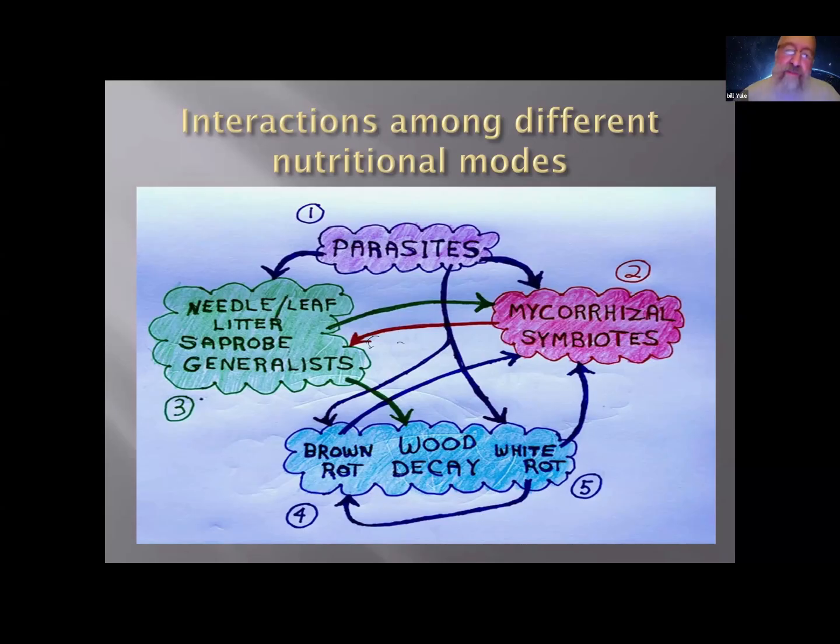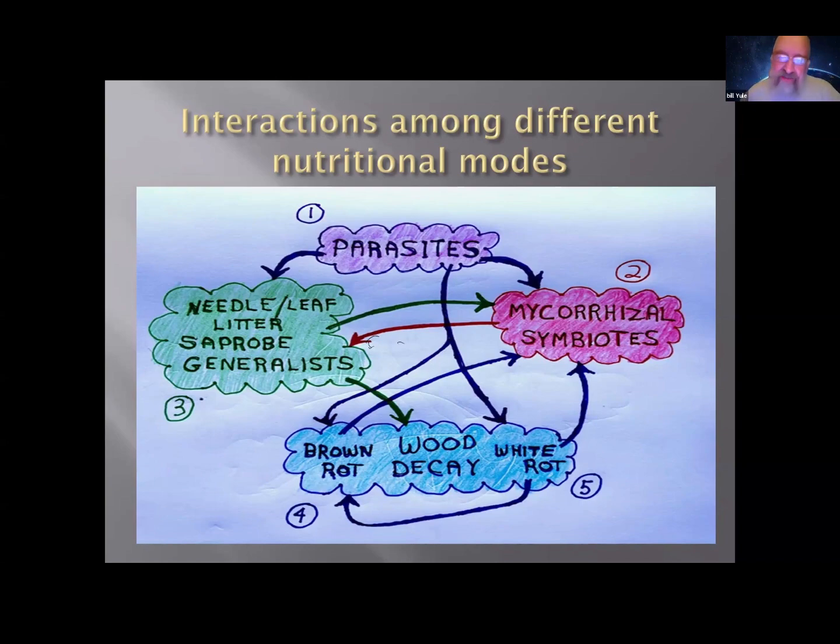Also, several parasites can switch over and become a white rot fungus, or they can start out as a parasite and become a brown rot fungus. And also, as parasites of leaves and needles on living trees, they can kill those leaves and needles, and then they fall to the ground, and then those parasites will switch over and become a decomposer in the leaf litter or the needle litter.